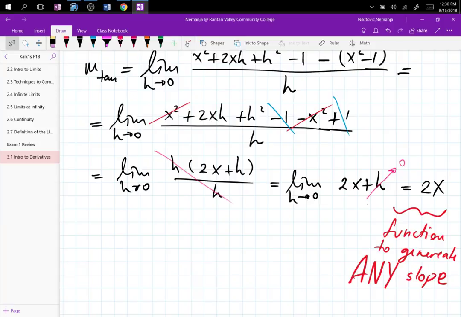Derivative function generates all tangent slopes. And tangent slopes measure your change. So, as you are looking at your speed, you are looking at the values of the tangent line, and the mechanism that gives you those numbers is the derivative.